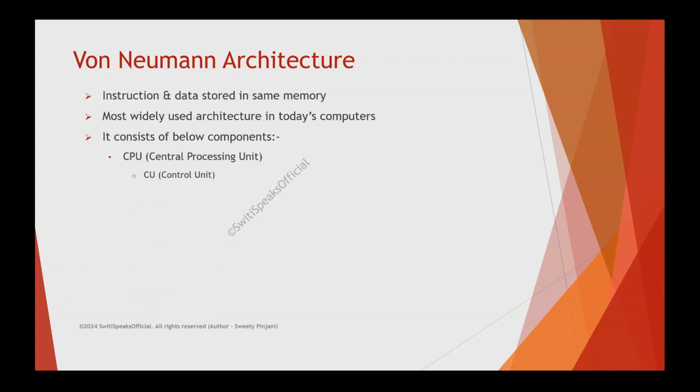The second one is CU, which we call the control unit. It is a part of CPU itself. Then inside CPU, you also have ALU, which is arithmetic and logic unit, and you have registers. So the first component is CPU, which consists of your control unit, your ALU, and the registers.